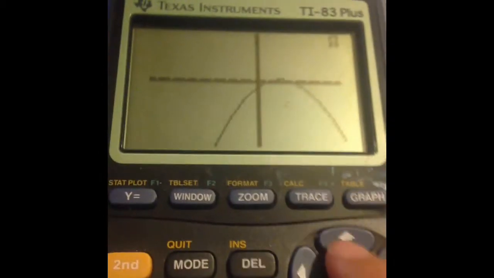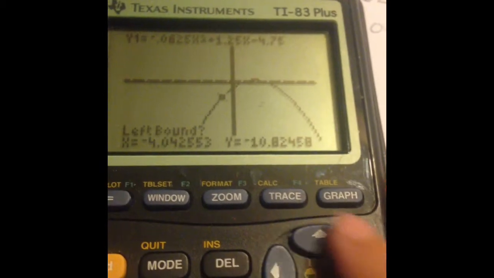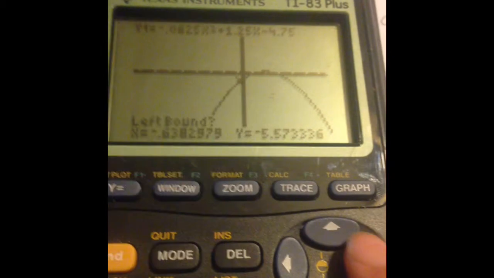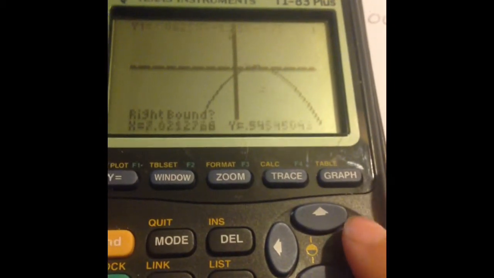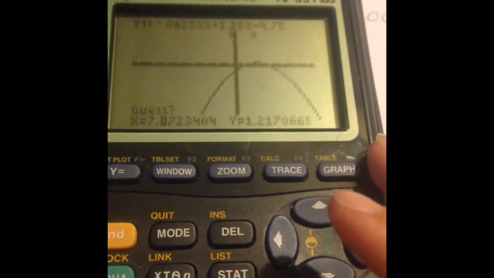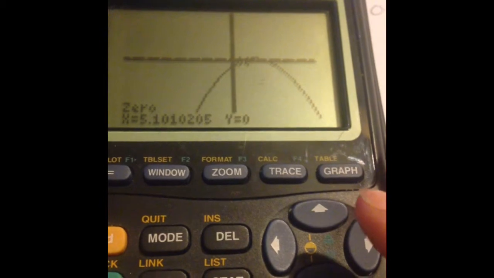We're going to then hit second, trace, down to 0. Left bound, so let's see, right here, and then right bound, go to the right of that. Their guess is 5 point something.